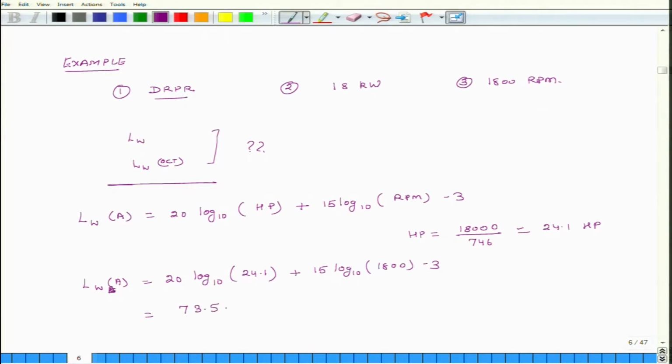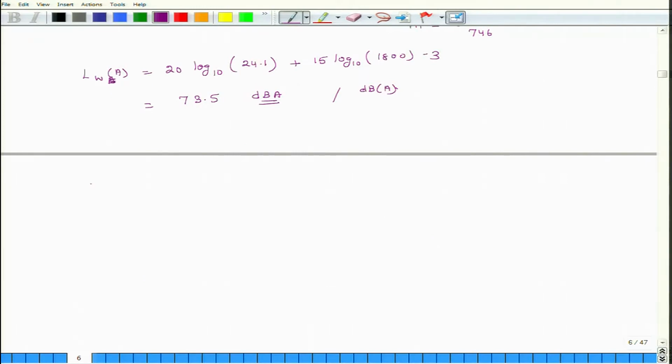And what will be the units of this? It will be dBA. I can either write it like this or write dB and in parenthesis A. So, this is the A weighted sound power level of the motor.